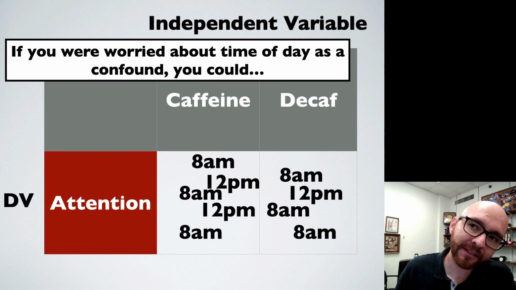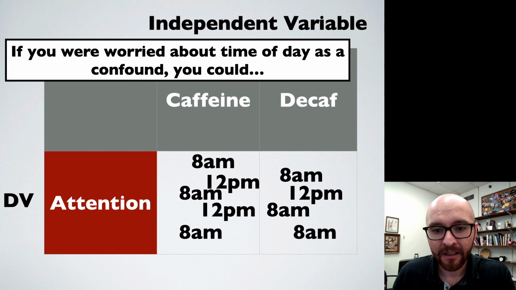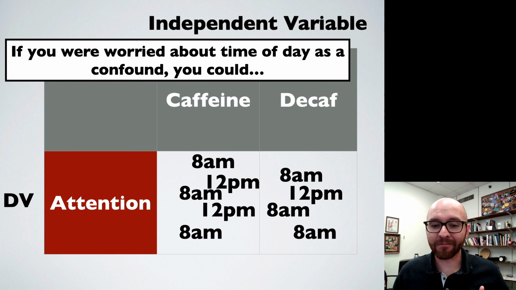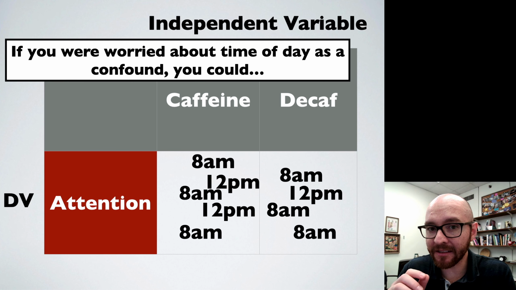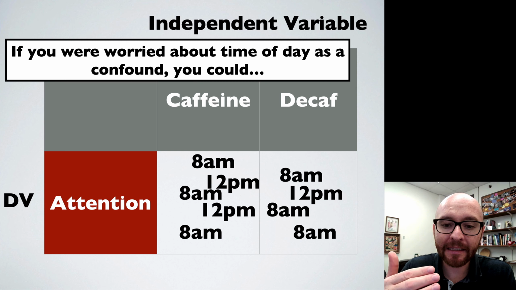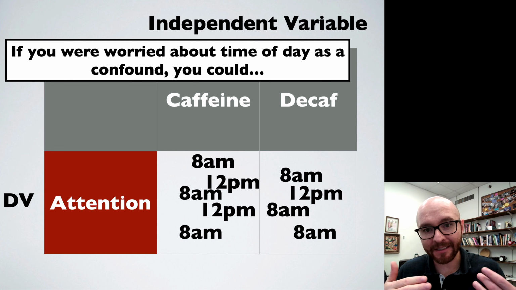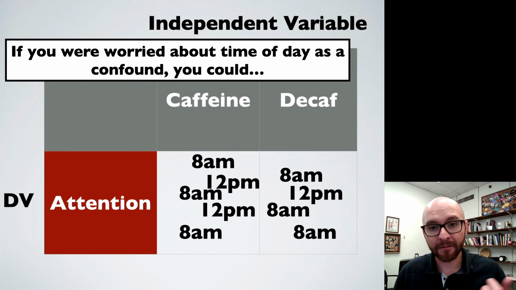So if you felt time of day was a confound, one thing you could do is just randomly assign people to the different times. So if the only time you can run participants was 8 a.m. and noon, that's not necessarily an issue. But first of all, you have to randomly assign people to caffeine or decaf to make a causal claim.